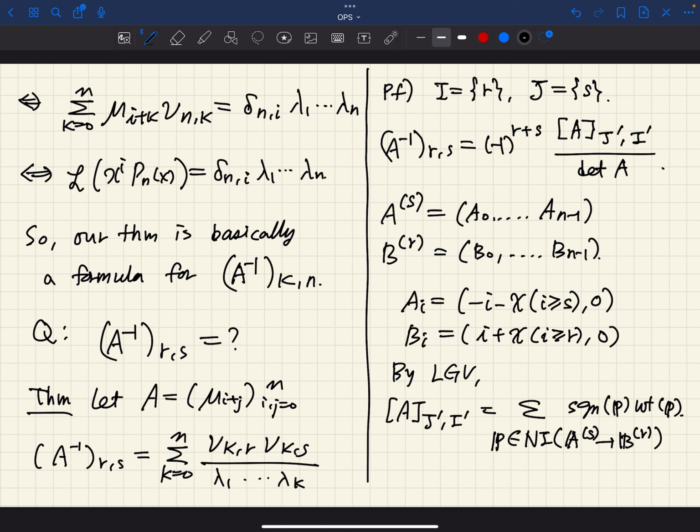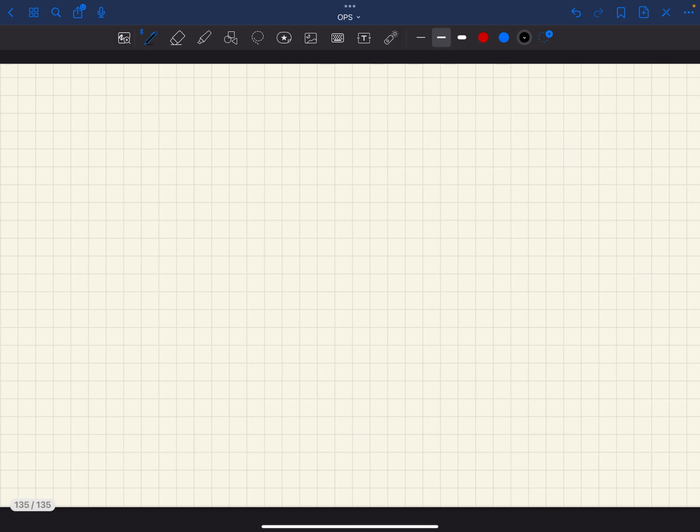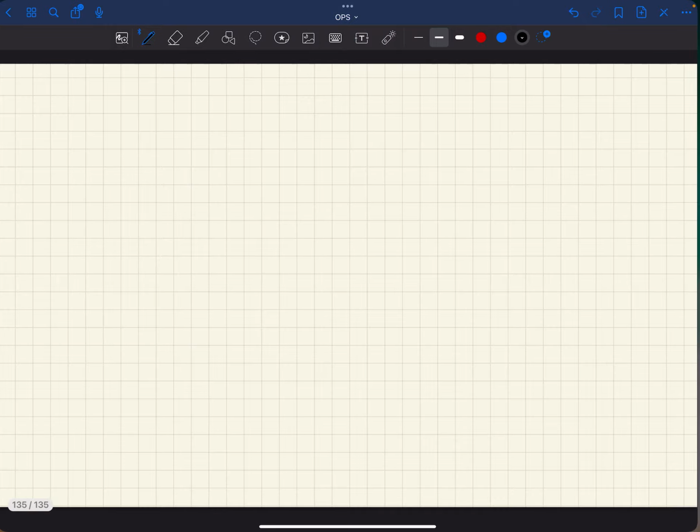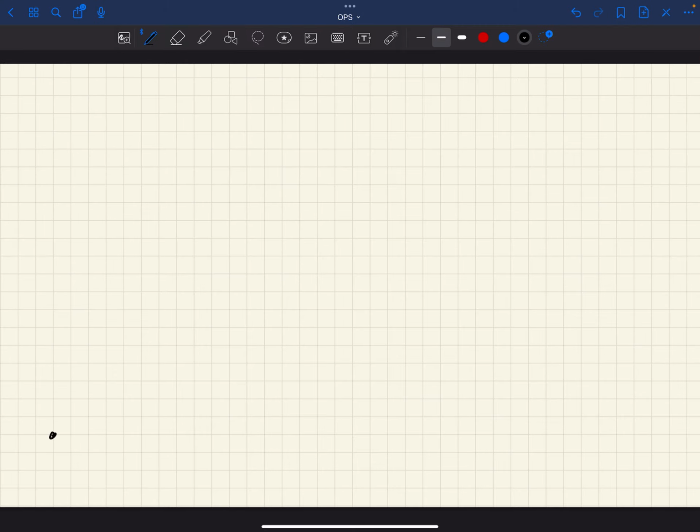But then we can also consider this diagram. Let's see. It's not so easy to draw, but let me draw anyway.